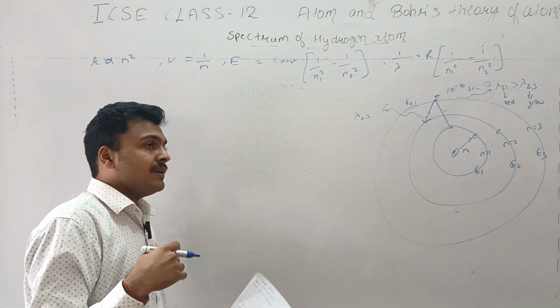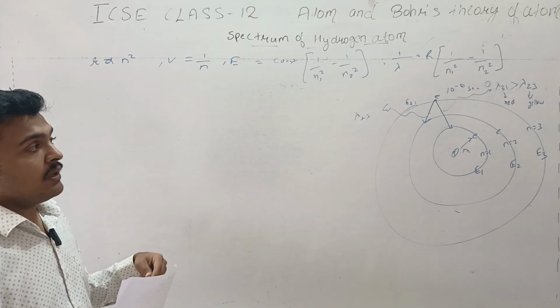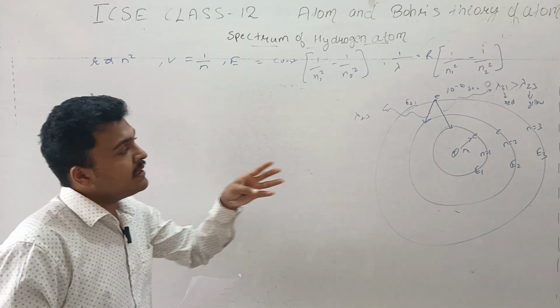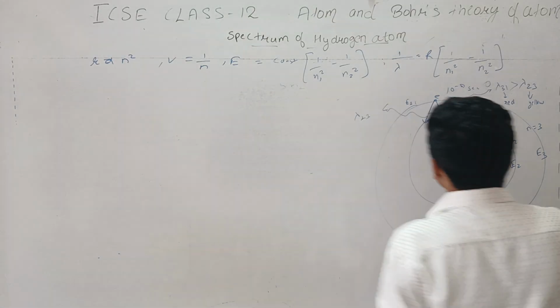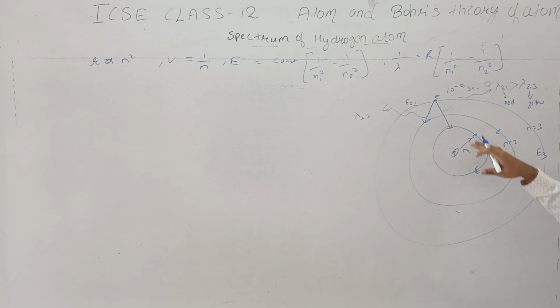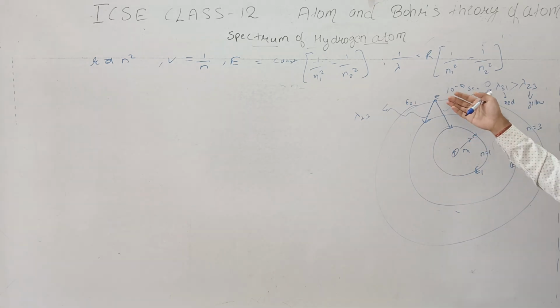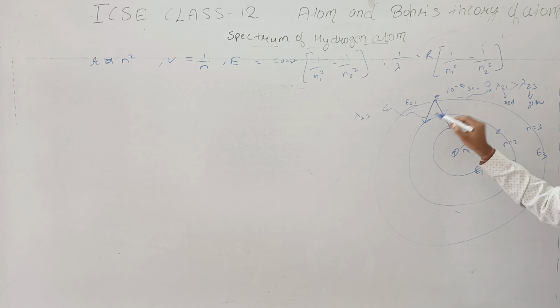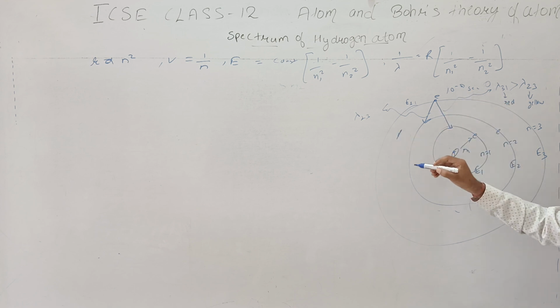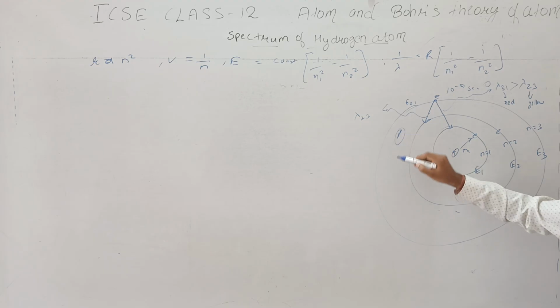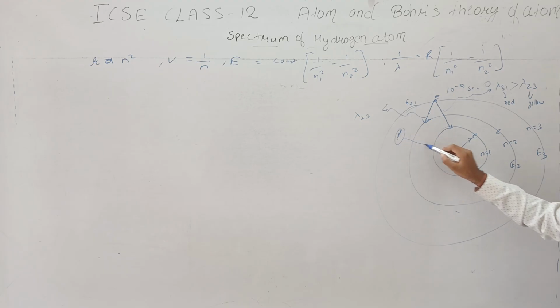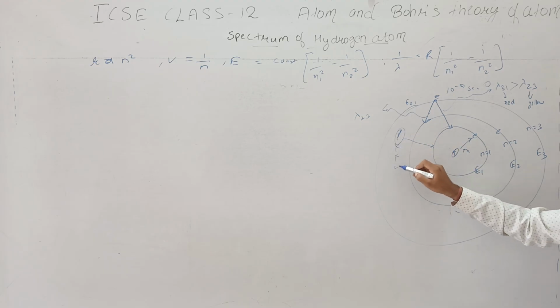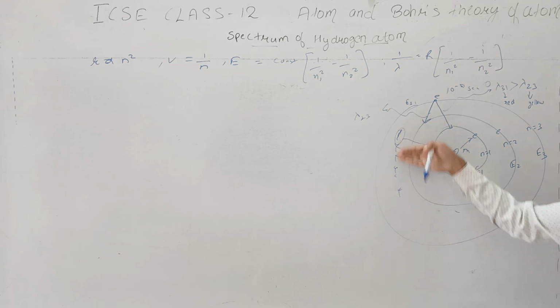For example, if orange light is not emitted, orange is a color between yellow and red. Orange would have been emitted if the electron had been here and the transition had been from this point to this point. But this is not allowed.